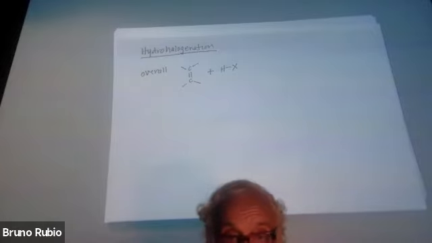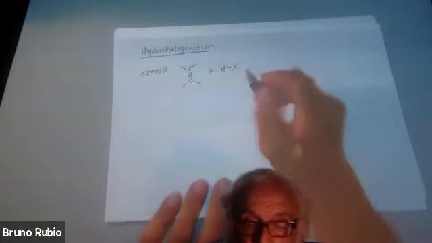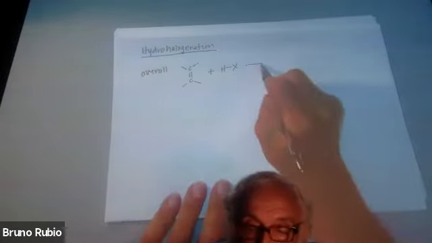Peroxides aren't there, so we're not talking about radicals anymore. And what is going to happen here is that the carbon-carbon double bond is degraded to a single bond, and the atoms of hydrogen halide add across where the double bond used to be.